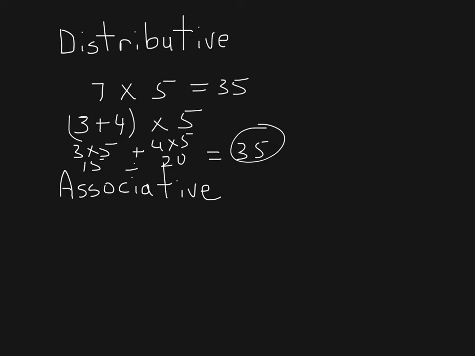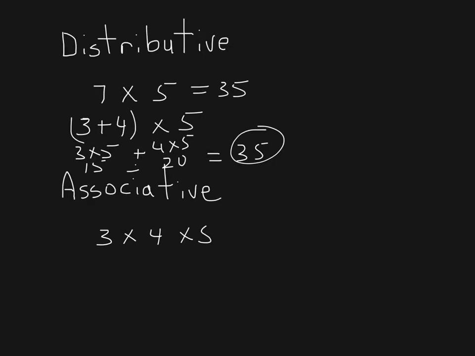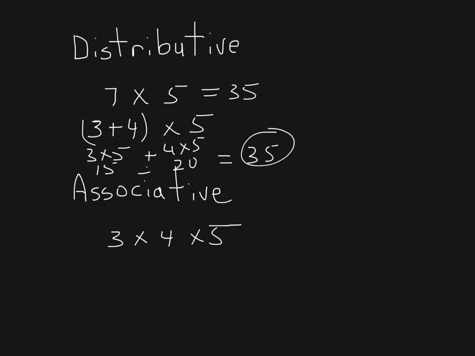So let's say that I have 3 times 4 times 5. I could do 3 times 4, which is 12, and multiply that times 5, and that's going to equal 60.